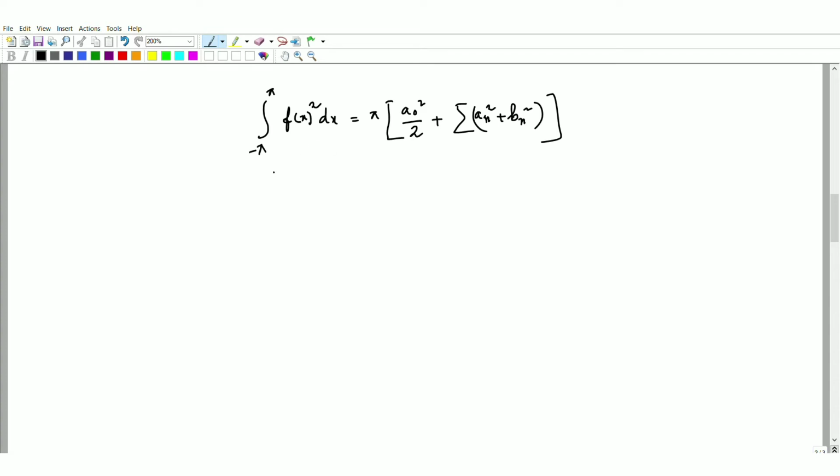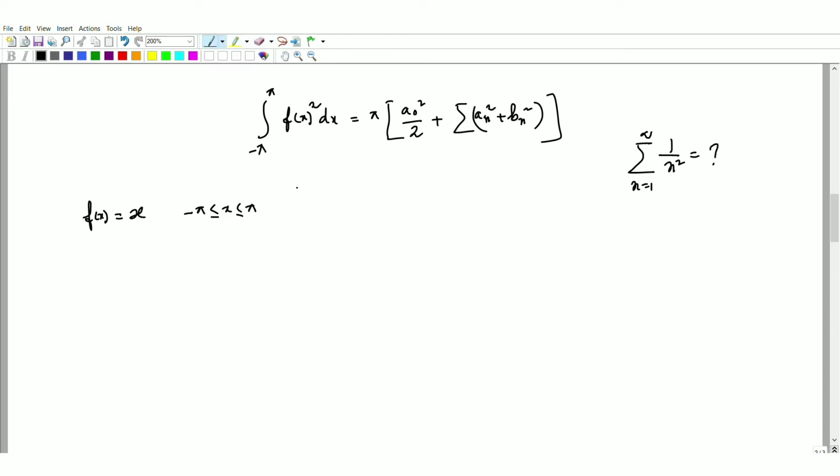Now we are going to use this Parseval's identity to find the summation. At first we are going to find the value of the summation of 1 by n square, from 1 to infinity. For that, we have to start with the function f(x) equal to x, an odd function.